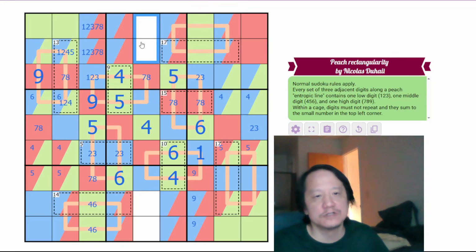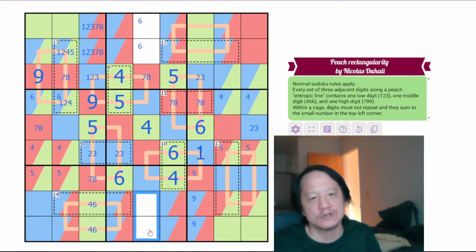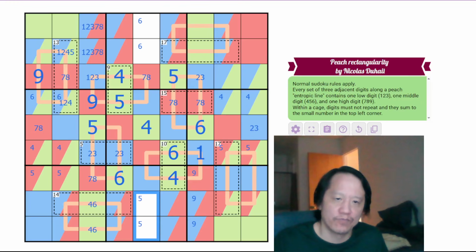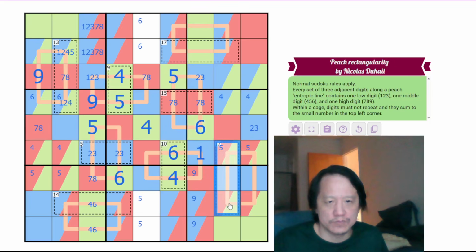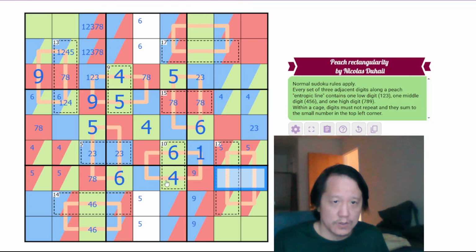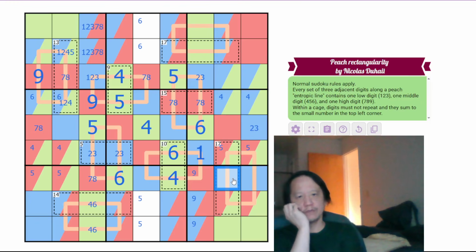One of these two digits is a 6. One of these two digits is a 5. These are low digits. Can you ever have 1 with a medium and high digit adding up to 17?